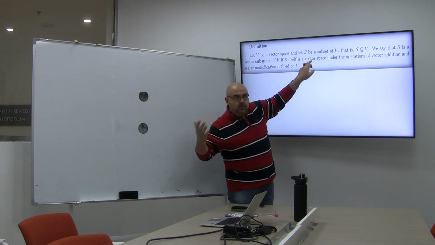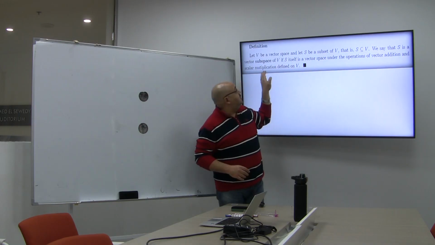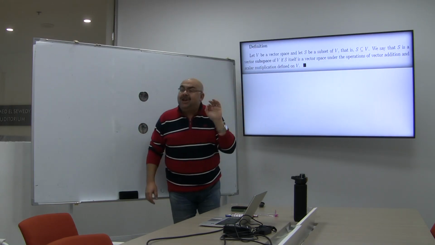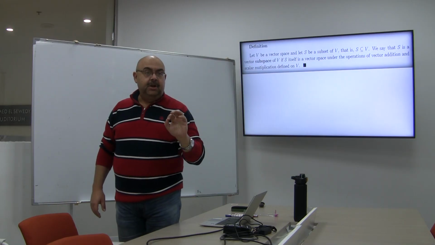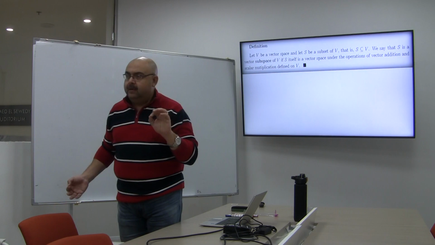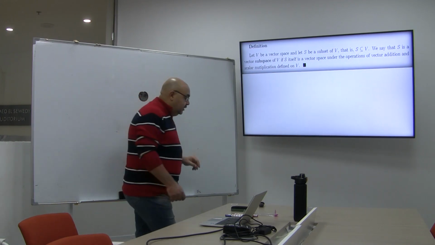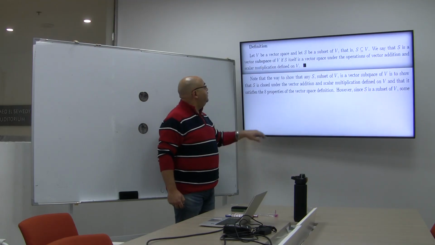S by itself should be a vector space, under the operation of vector addition and scalar multiplication and sharing the same origin. We must state, sharing the same origin. So the origin of S should be the origin of the main vector space.